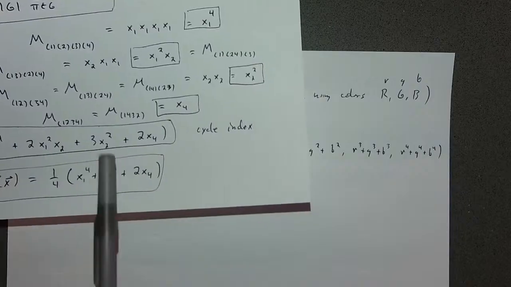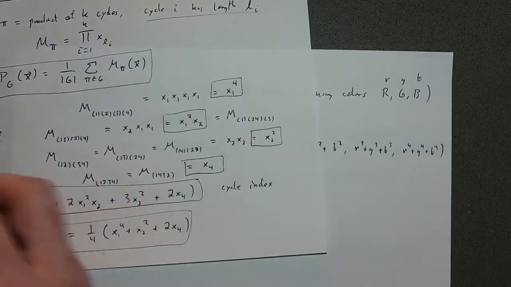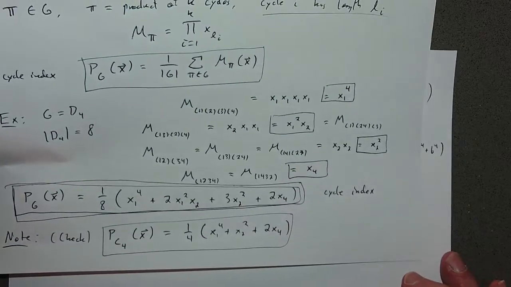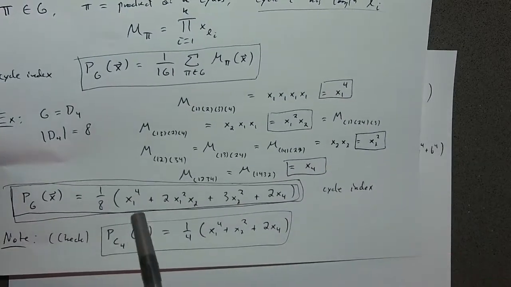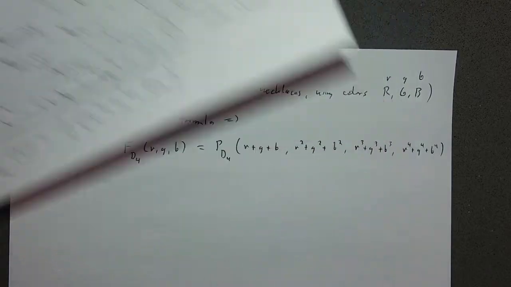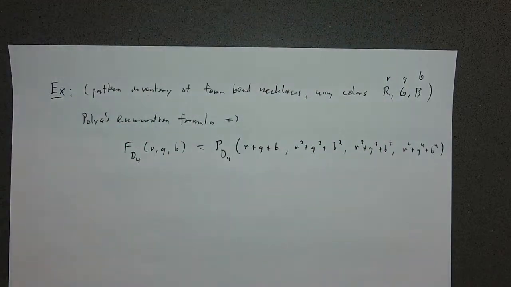Oh, sorry, here, this one. So I have x sub 1 raised to the fourth, but x sub 1 is just the sum of all of these.